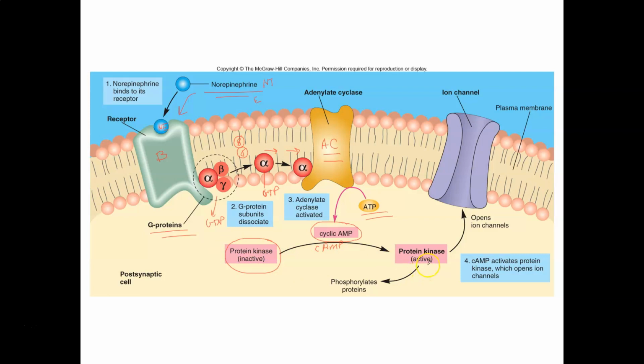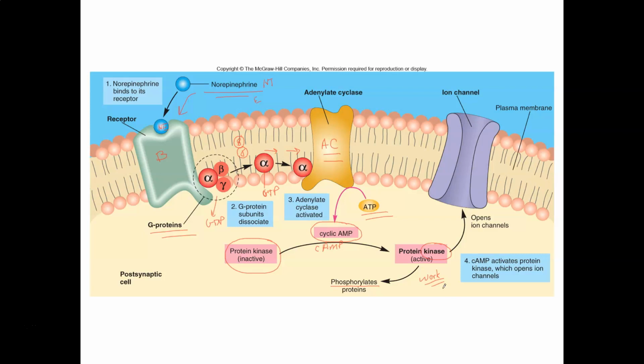And again, protein kinases in general, when you see kinases, these are phosphorylators. So they phosphorylate proteins. What you're doing is essentially giving energy to proteins within the cell, or you could be affecting an ion channel, but you're doing some sort of work by activating the protein kinase.